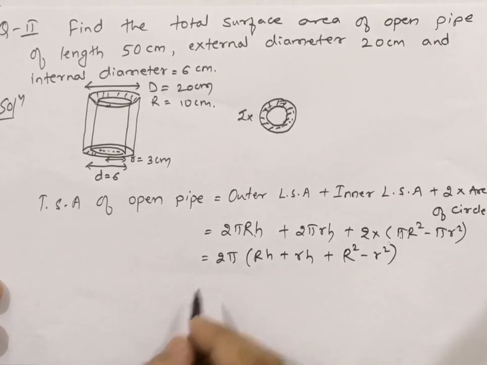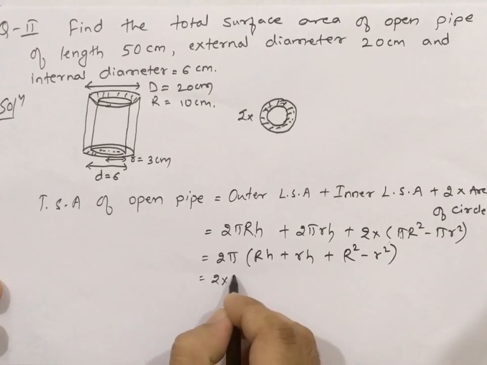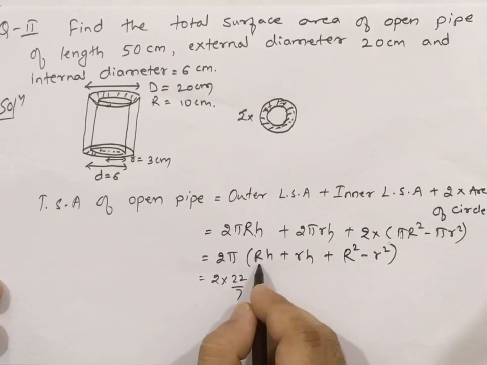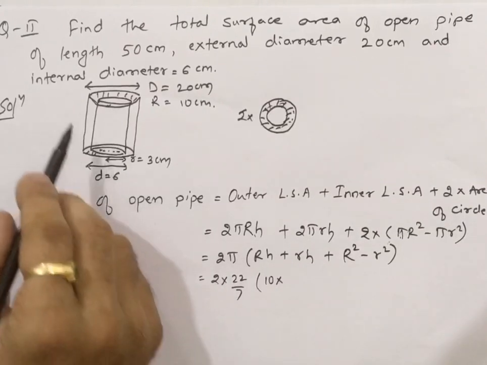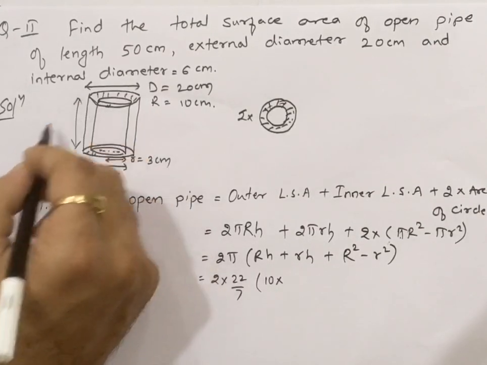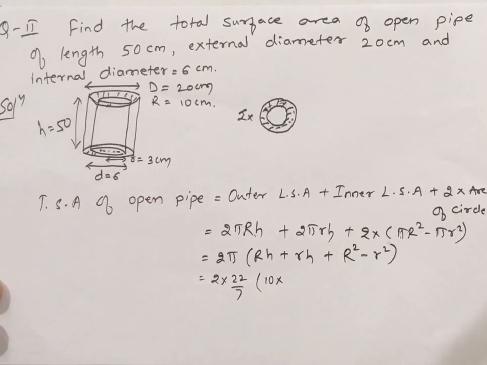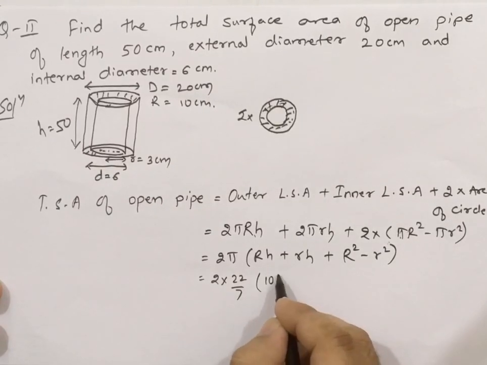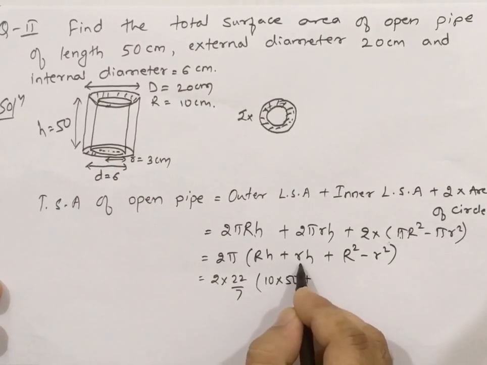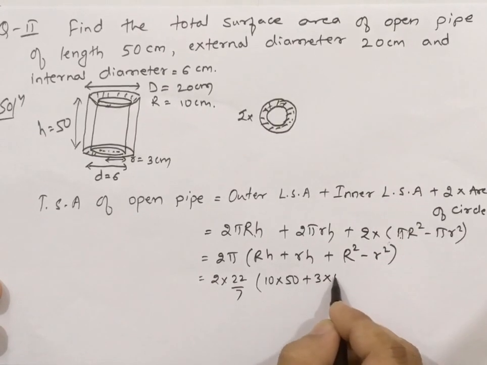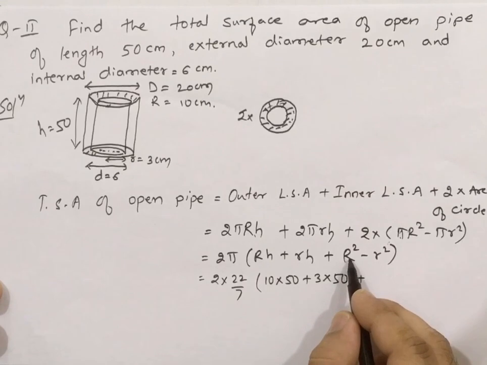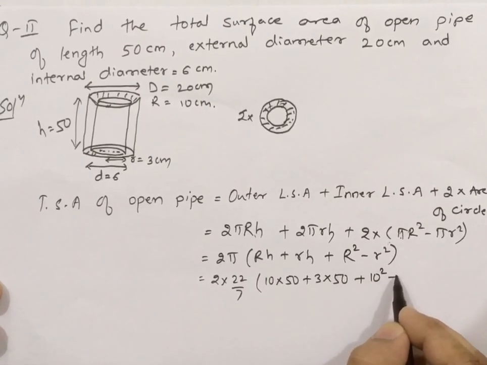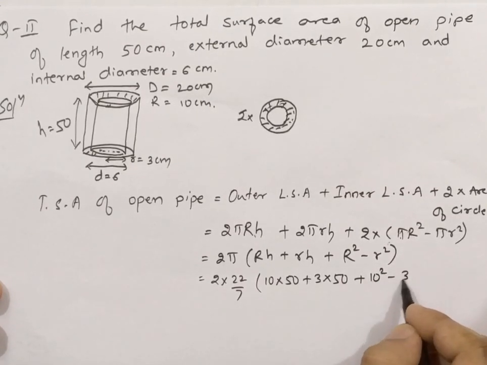So this is 2 into 22 by 7 into capital R is 10, and height of the pipe is not written here. So h is equal to 50, plus small letter r is 3 into 50, plus capital R square is 10 square minus 3 square.